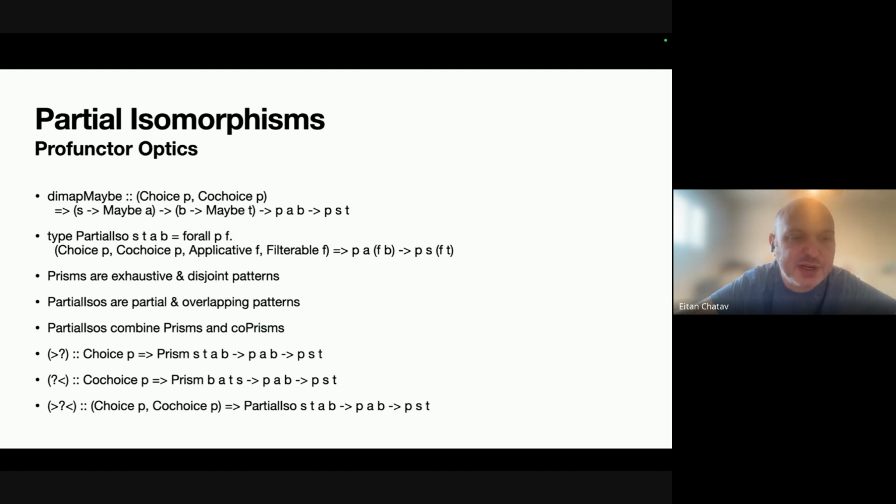And we can define operators such that a prism acts on its profunctor representation, choice, and a coprism acts on its profunctor representation with co-choice. And then finally, using dimapMaybe, we can define an action of partial isos on profunctors which are both choice and co-choice. Okay, I'll pause there.